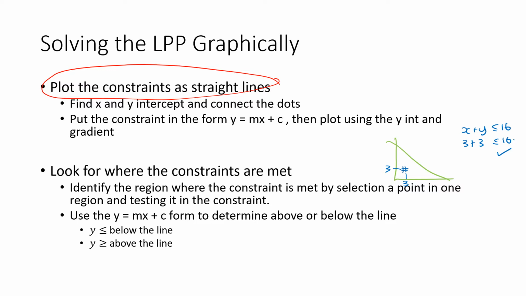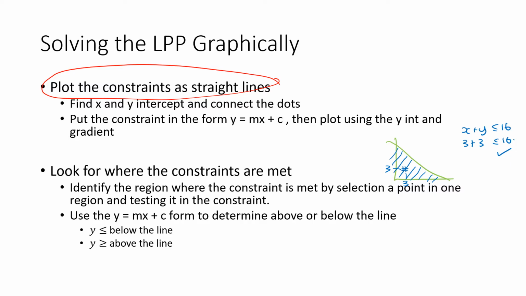It does meet the constraint, so everything below the line meets the constraint. So you basically choose a point in one of the regions, either above or below the line, and check if it meets the constraint. Obviously, if it doesn't, then it's the opposite side that meets the constraint.